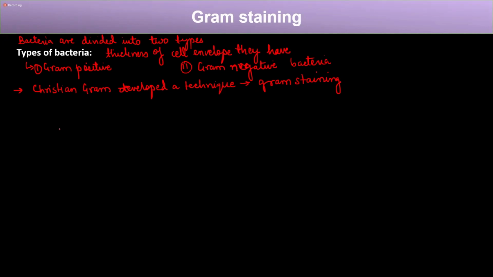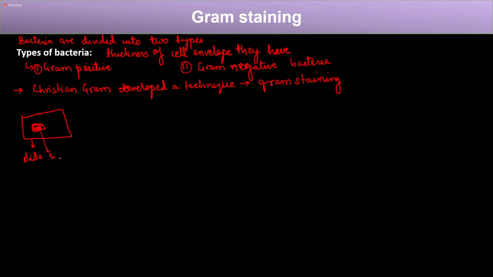In the gram staining, first of all, we need to take a sample, any sample, suppose a soil sample over the slide. In 9th or 10th during your practical, you must have seen a slide where you keep a certain sample and visualize it under the microscope, right? So on the slide, you take a sample and you spread this sample in a very thin layer.